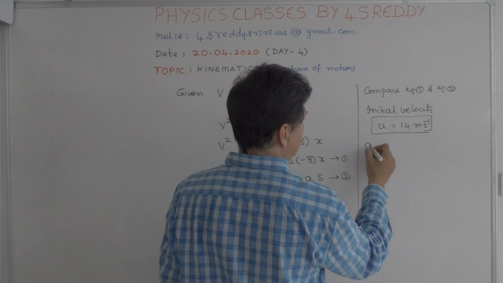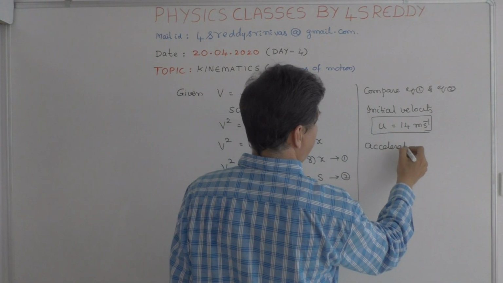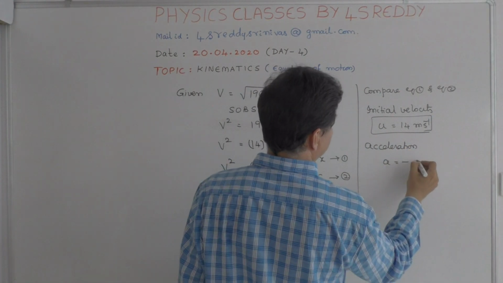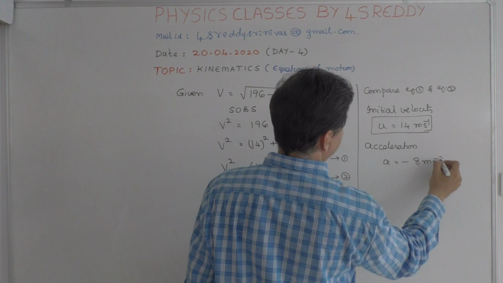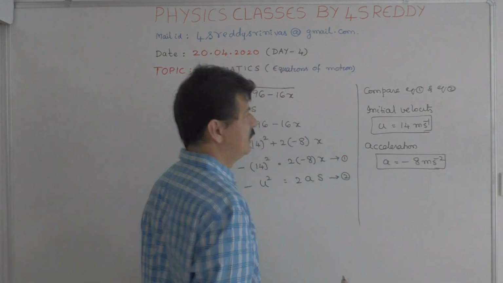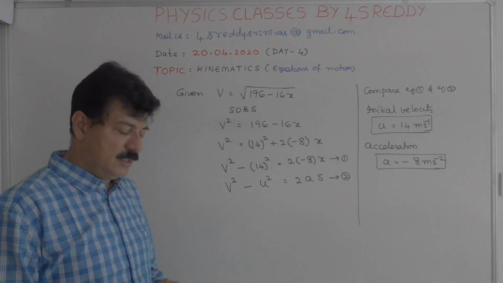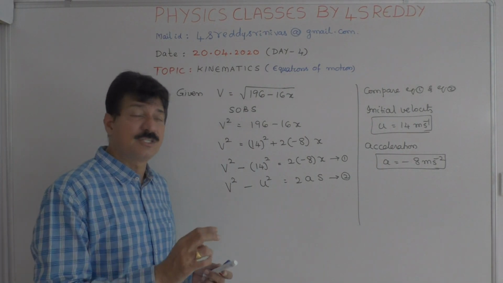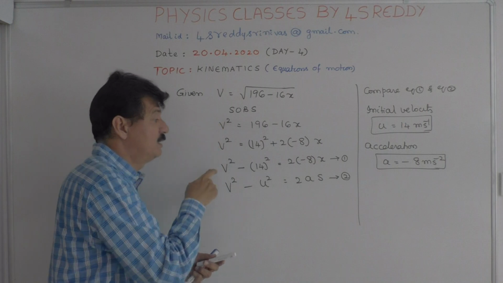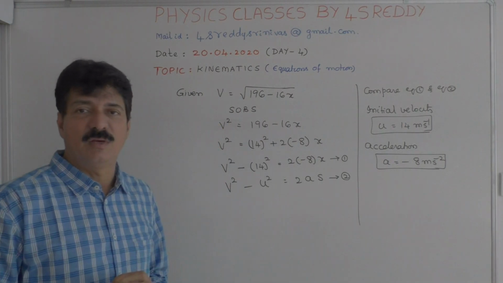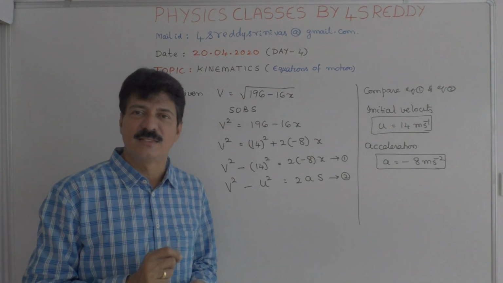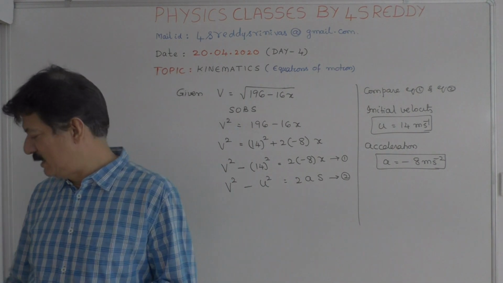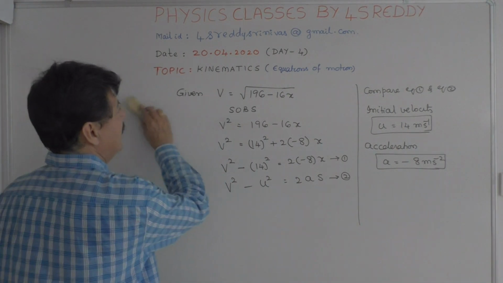So acceleration a is equal to minus 8 meters per second square. This is so simple. This is one equation we are using: comparison of the given equation with the general equation v square minus u square is equal to 2as. And you may be asked another question.